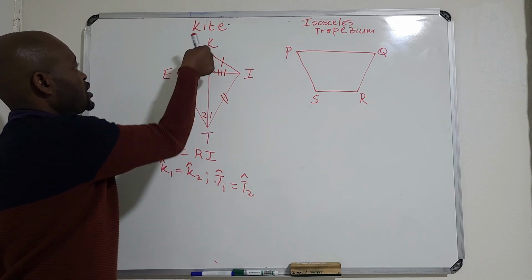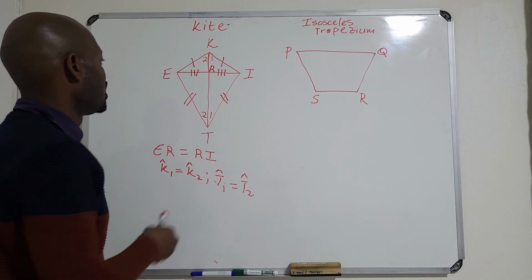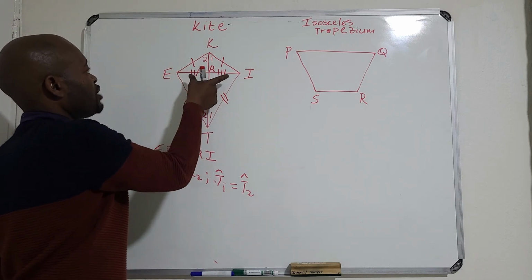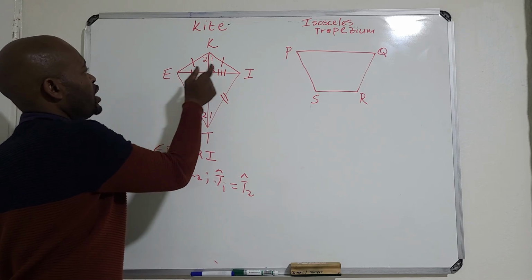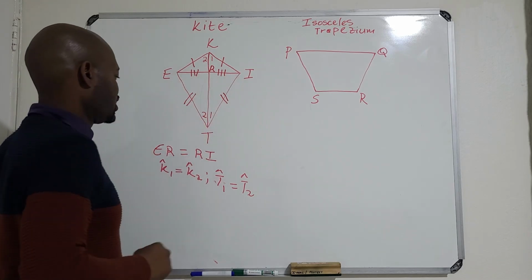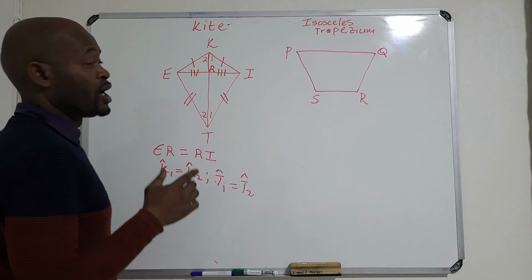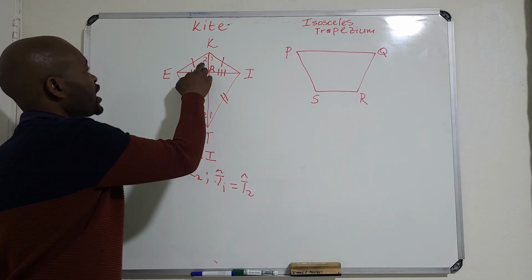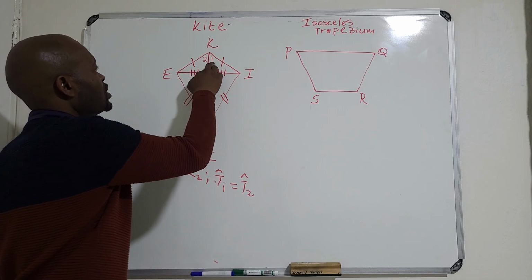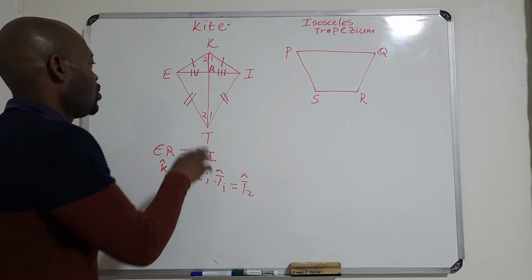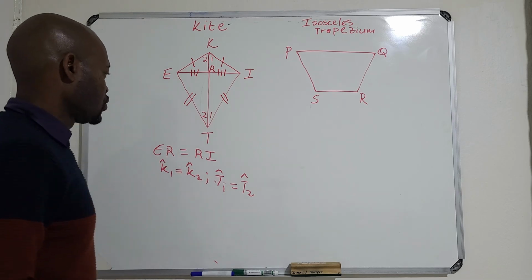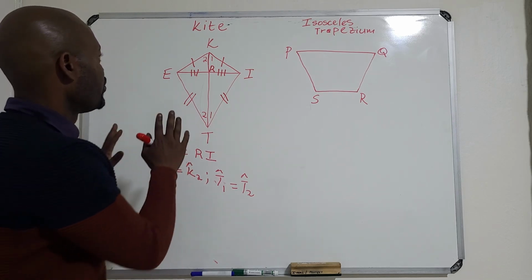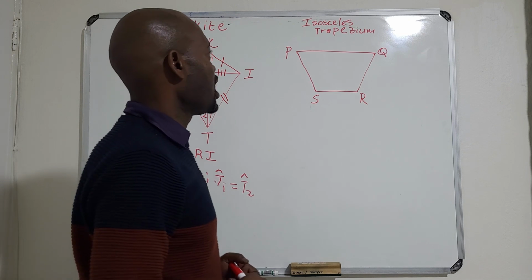The longer diagonal must bisect the shorter diagonal, where we have ER is equal to RT there. And also, in a kite, angle K2 must be equal to angle K1. Also, angle T1 must be equal to angle T2. These are the properties of a kite.